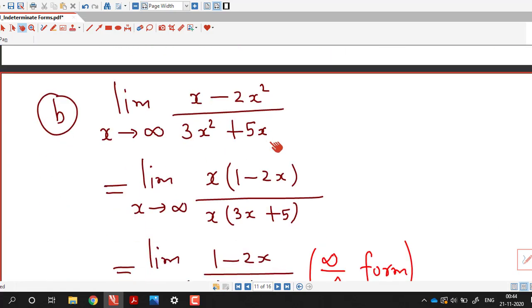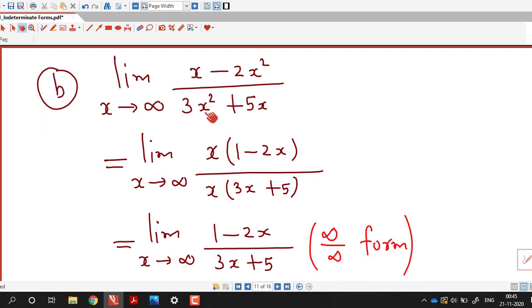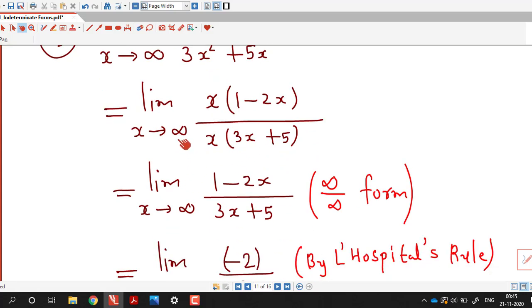And the last limit is limit of x minus 2x square over 3x square plus 5x. This is a rational function. So this we can rewrite as, we take x common first. So we have x times 1 minus 2x over x times 3x plus 5. So this x will cancel out because x is approaching infinity, so x is non-zero, and we are left with 1 minus 2x over 3x plus 5.